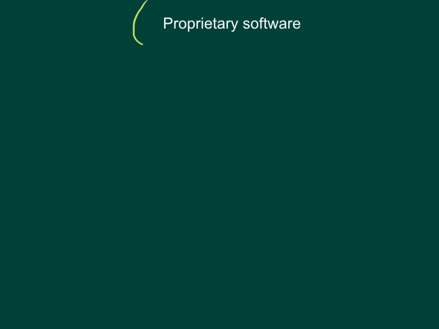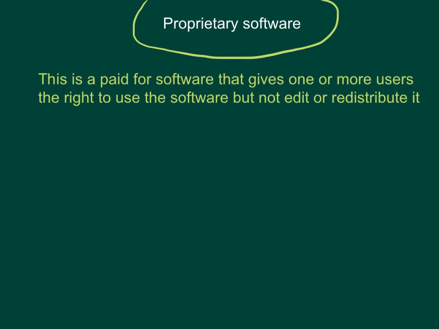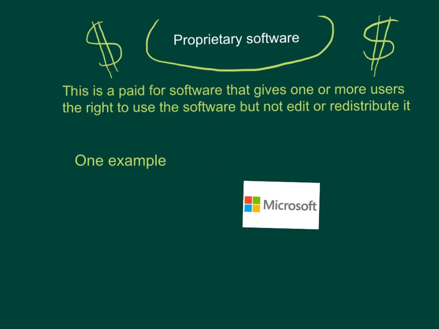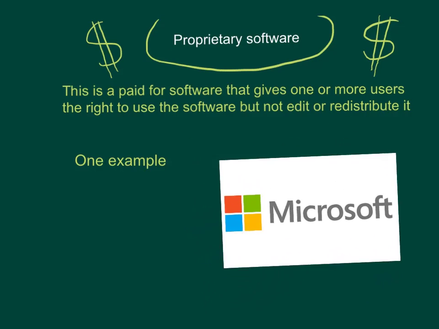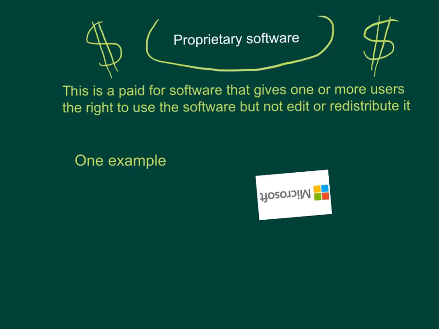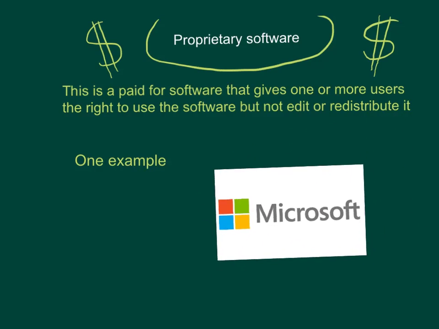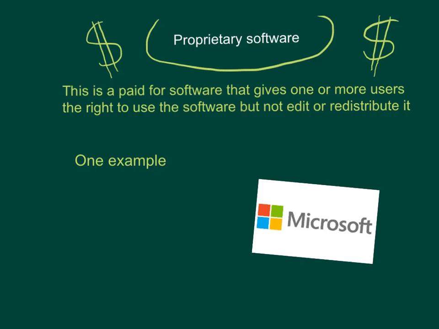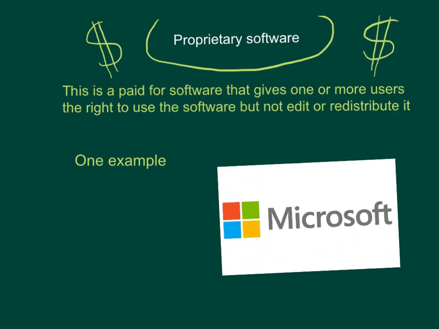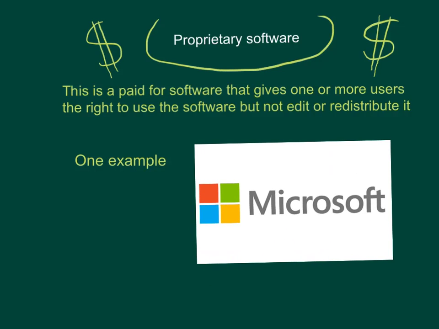Okay, now we're going to talk about proprietary software. This is paid-for software that gives one or more users the right to use the software, but not edit or redistribute it. One example of a provider of proprietary software is Microsoft, who have a range of software such as PowerPoint, Word, Excel, Access, and provide home versions and business versions of these in packages.